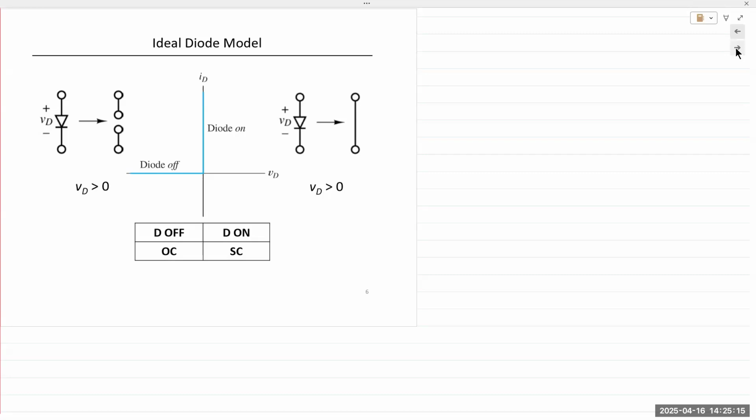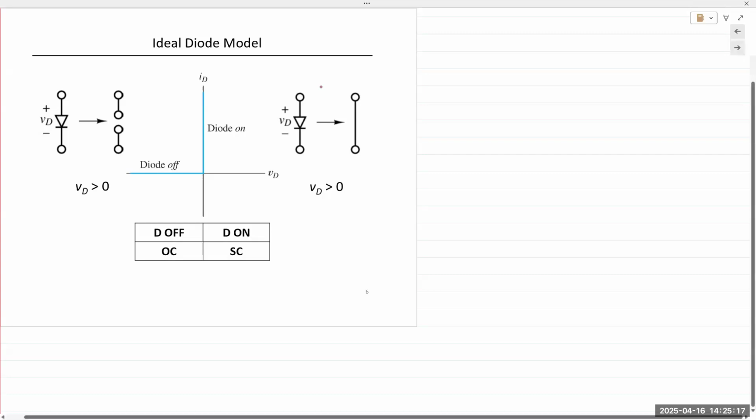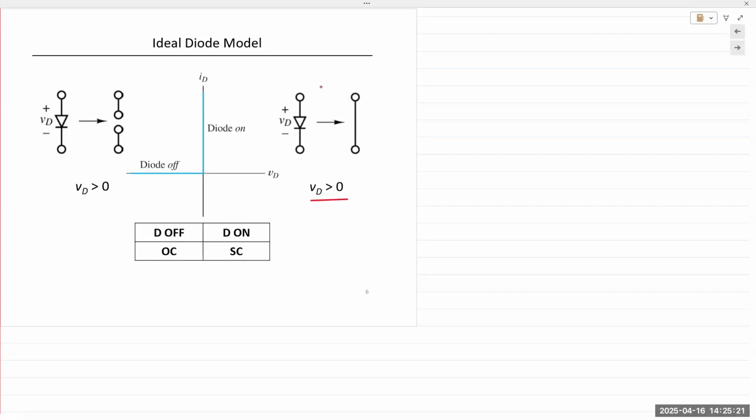Okay. All right. So the ideal diode model, if you apply a voltage to the diode and the diode voltage is positive, greater than 0, diode is on, it's in forward bias, we represent it with a short circuit.